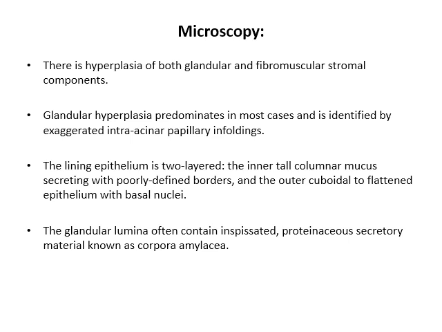In these cases, there will be an increase in the number of glands, and these glands will show exaggerated intra-acinar papillary infoldings, and these glands will be lined by two layers of cells. That is, an inner tall columnar mucus secreting cell and an outer layer of cuboidal to flattened epithelial cells, and these glands will contain a proteinaceous secretory material known as corpora amylacea in the lumen.